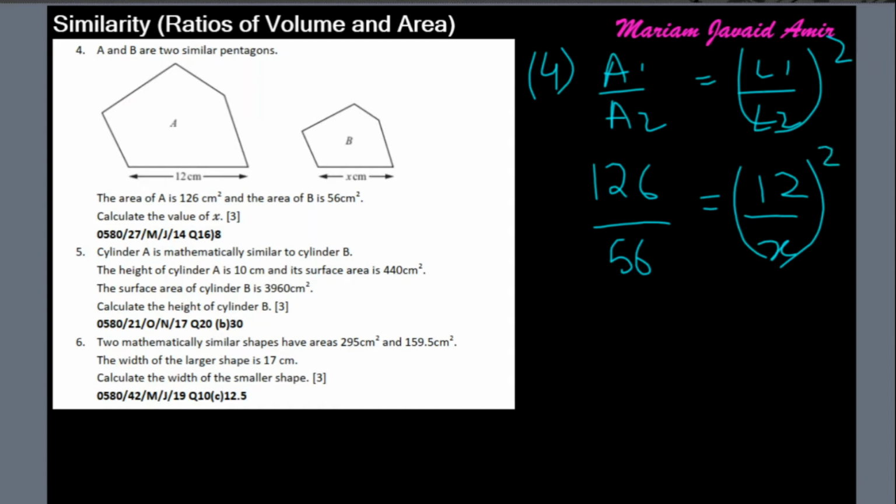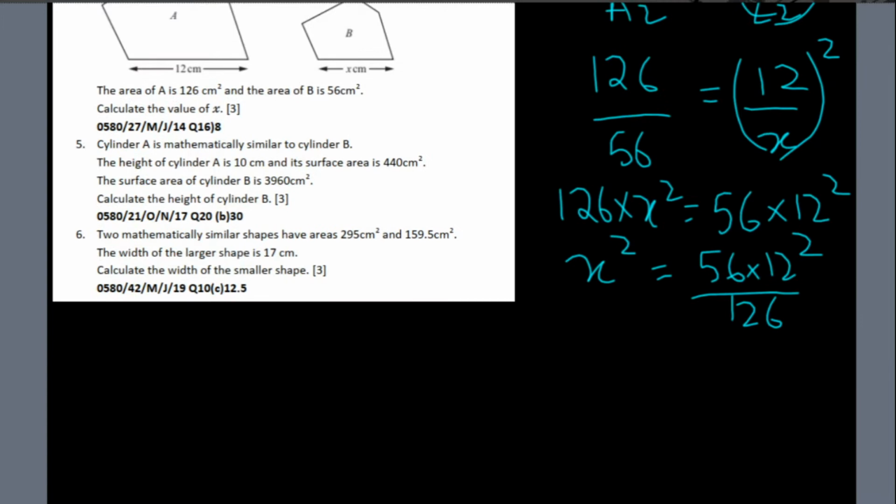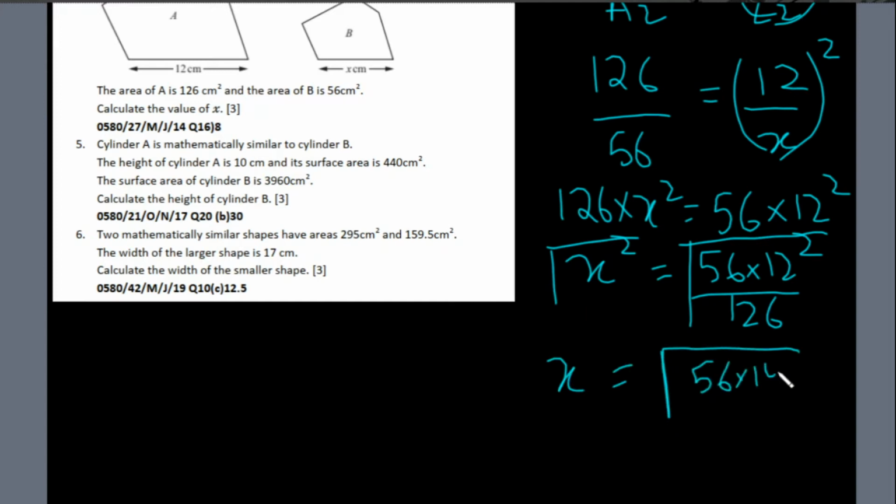So cross multiply and I'll get 126 times x square equals 56 times 12 square. X square equals 56 times 12 square over 126, and to make x the subject, take under root on both sides. So now x equals 56, 12 square is 144.